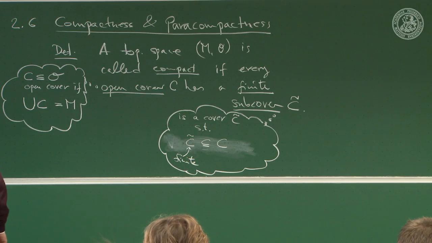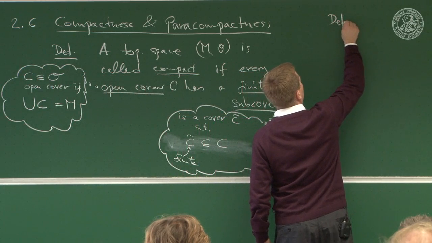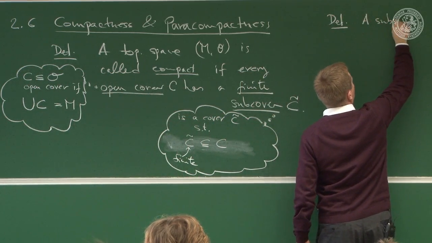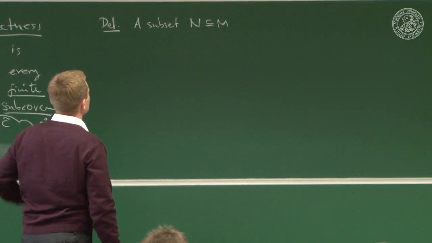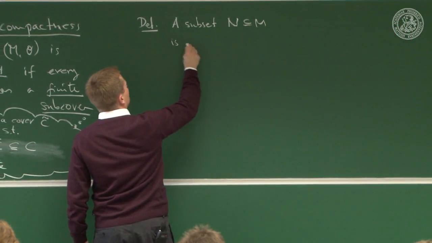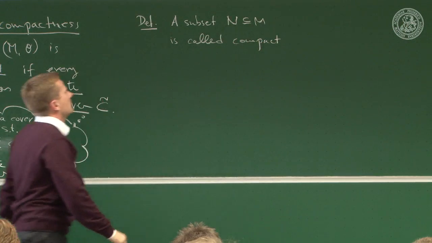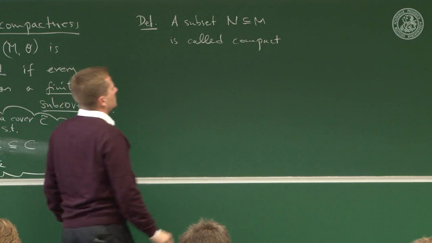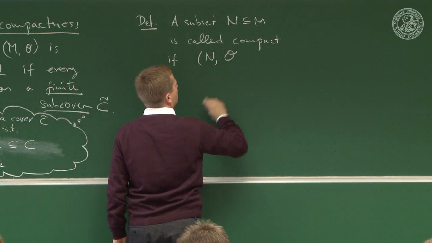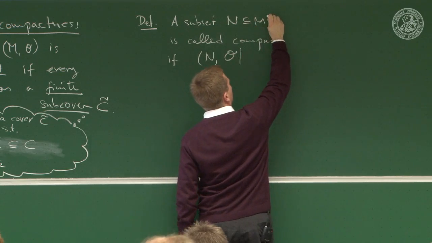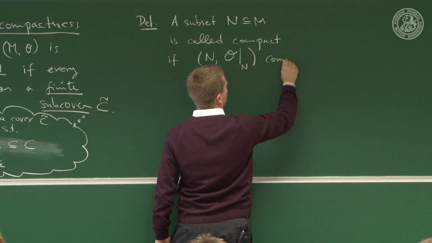That's a compact space. And very often one wishes to look at a subset. Definition: a subset N in M of a topological space M, so we still have the topology on M, is called compact if, obviously, we have to get a topology for N, if N equipped with the topology of M, that is, the topology on M but induced on N, is compact as a topological space.